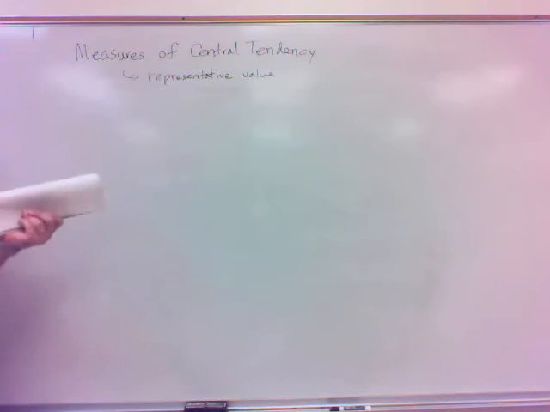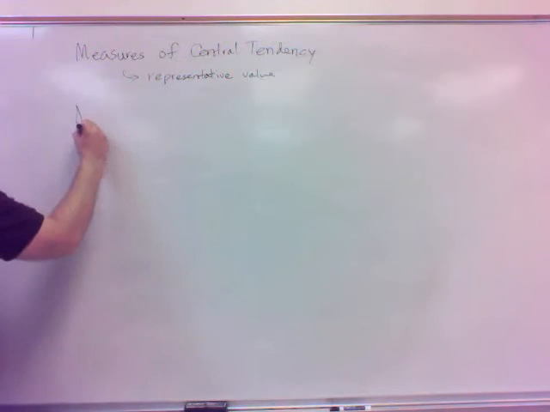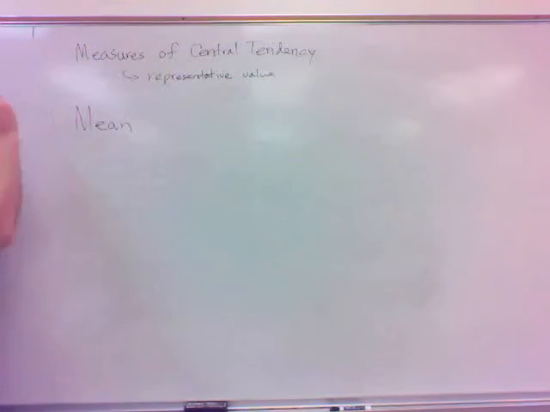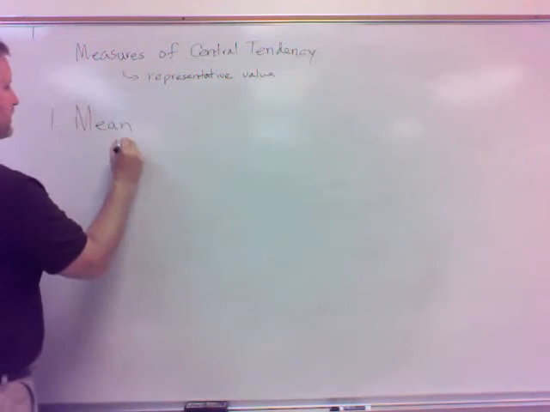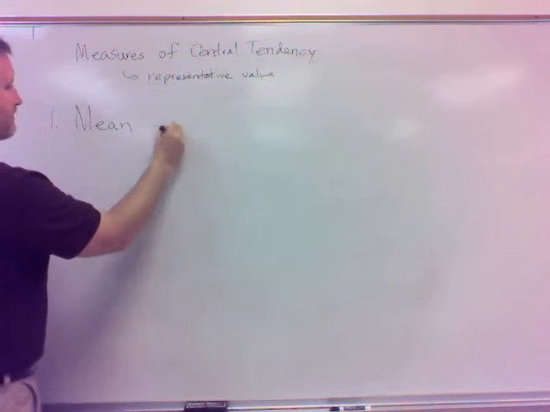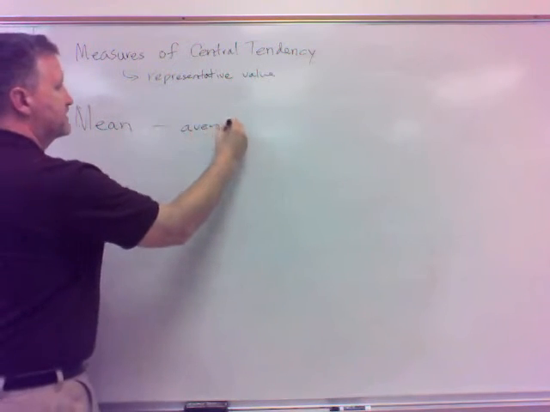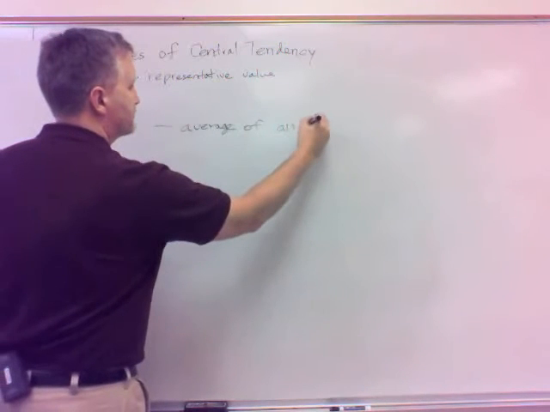So the average is one of these so-called measures of central tendency, because it gives you a middle of the road value. So that's the first one. Now, in statistics, the average is also known as the mean. So the number one measure of central tendency is the mean. In statistics, the mean is just the average of all the values.